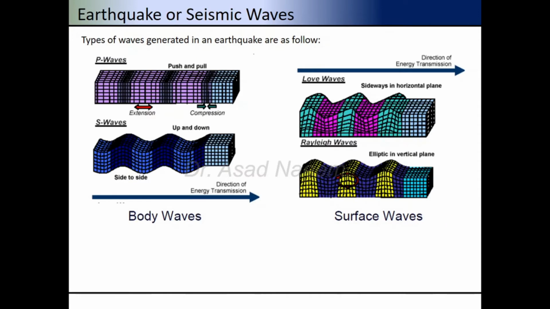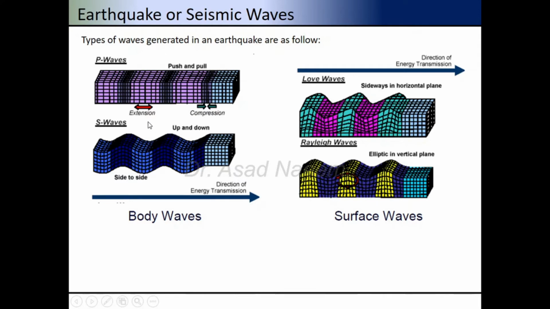The types of waves that originate in an earthquake can be classified majorly into body waves and surface waves. Body waves travel through the interior of the Earth and, when they reach the surface, can be transferred into surface waves. There are two types of body waves: P waves and S waves.